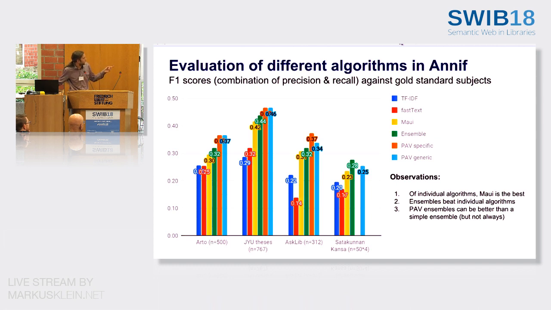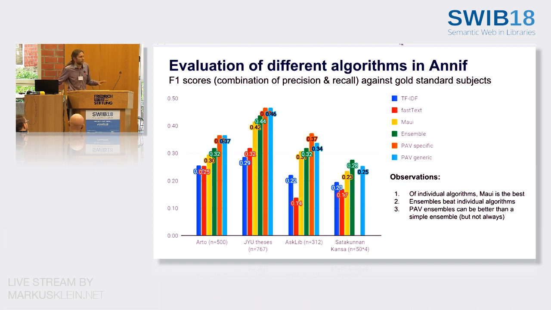So the first three bars are each algorithm separately, and we can see that Maui, the yellow one, is performing best. Then the green one is a simple ensemble, where we just take the assignments of each algorithm and take a simple average of the scores they give for each concept. And the ensemble is always better than each algorithm separately.